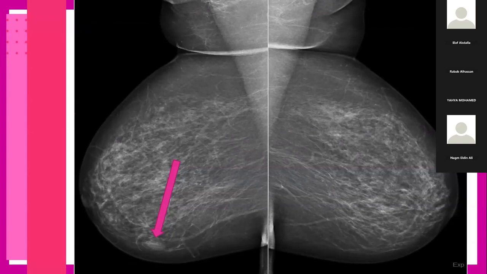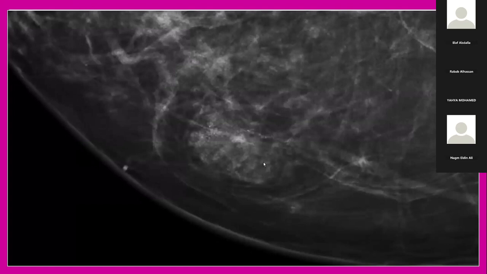If you look closely here, in a spot magnification view, we can see as if there is a capsule and underlying lucency within the mass, and even patches of lucency within, suggesting that it might be fat-containing, like a lipoma, fibroadenolipoma, or hamartoma.